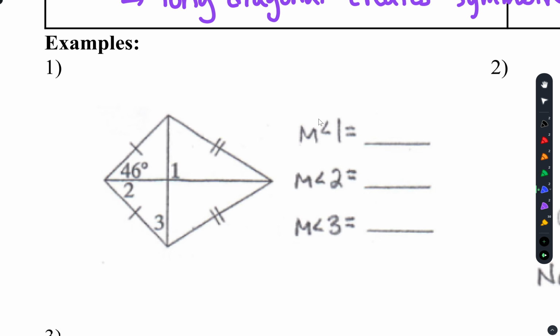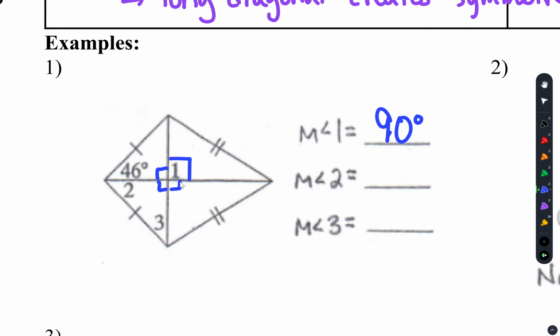What's the measure of angle 1? Caitlin. Perfect. Not only is that 90 degrees, we know these angles are all also 90 degrees. What about angle 2? Yeah, Anna? 46.